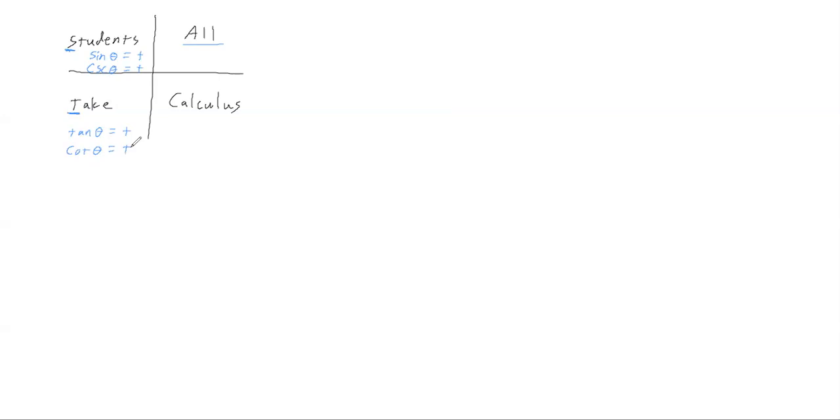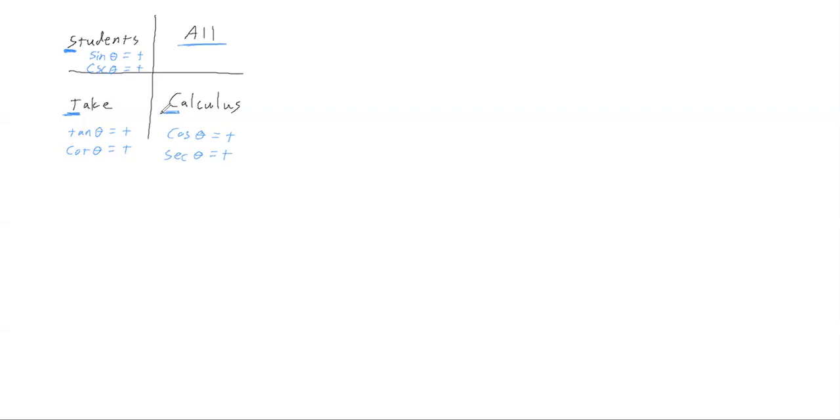But in quadrant 4, the only one that's going to be positive is cosine and its reciprocal. All the rest of them are going to be negative in quadrant number 4. All right, so that helps us if we think of all the functions positive here, just the sine and its reciprocal positive here, just the tangent and its reciprocal positive here, just the cosine and its reciprocal positive there.